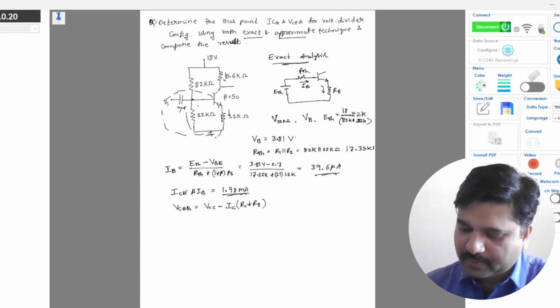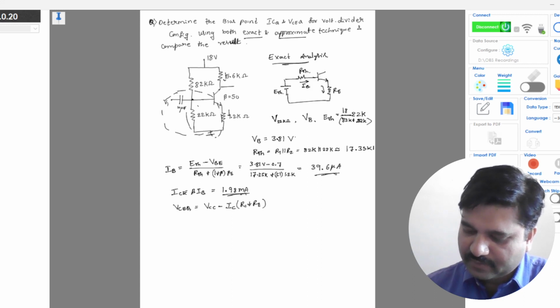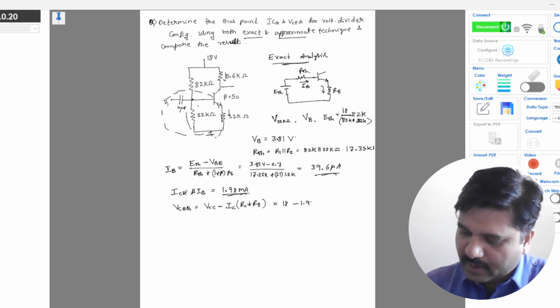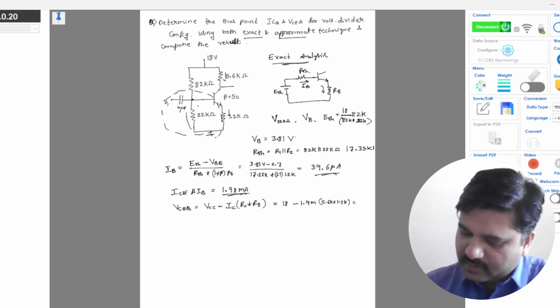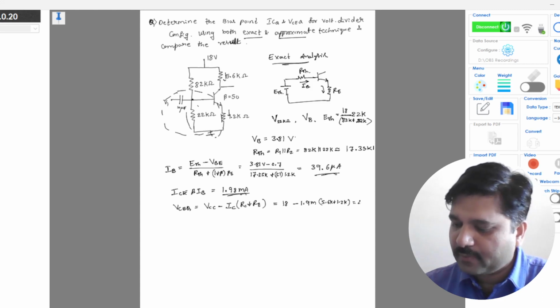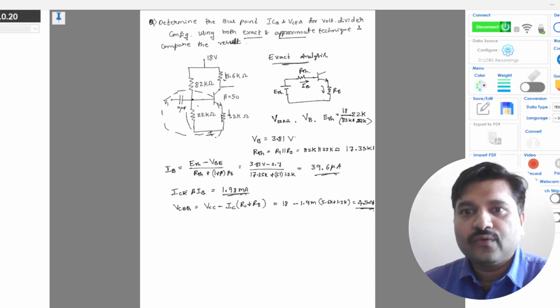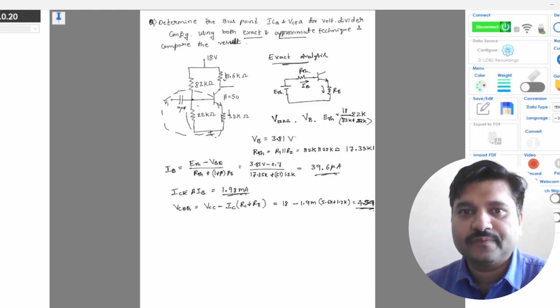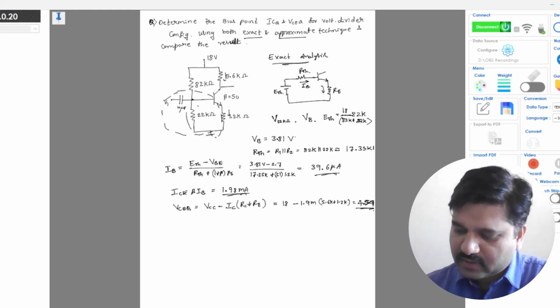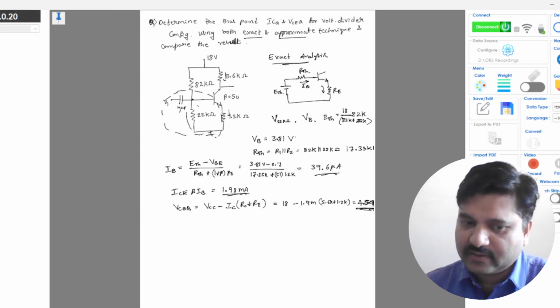So this is VCE, right? VCC is 18 minus 1.98 milli into RC 5.6 kilo plus 1.2 kilo. On solving this, VCEQ you will get around 4.54 volts, right? So this is using exact analysis.